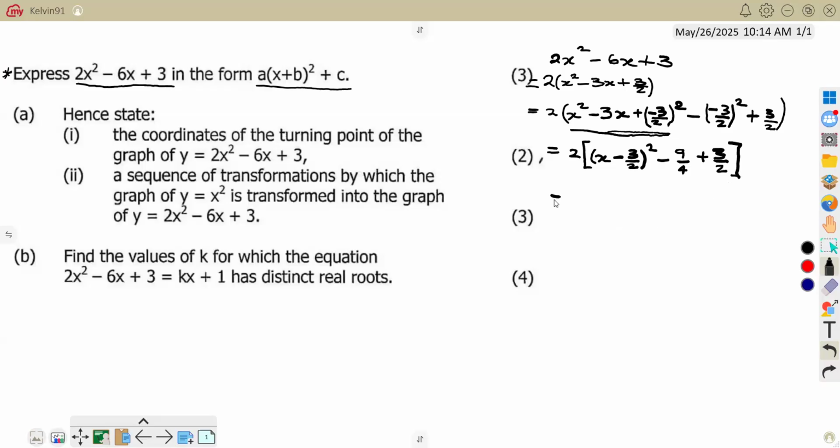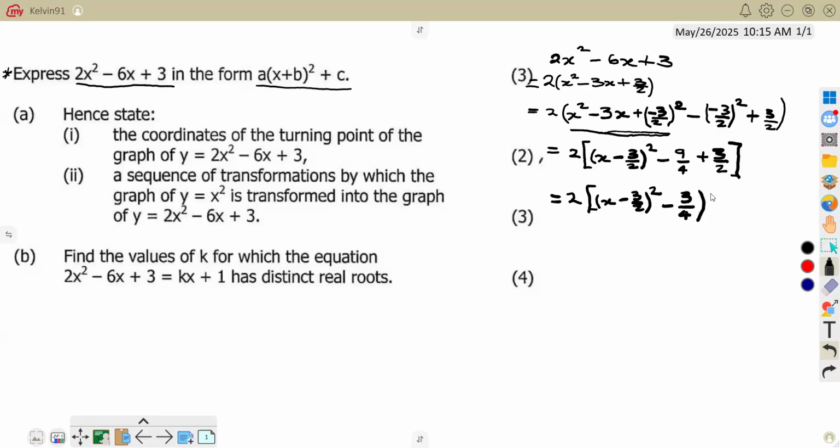Simplify that, it's going to be equal to 2, then bigger bracket. So we are going to have x minus 3 over 2 squared. When you simplify this, it's going to be minus 3 over 4. We are saying minus 9 over 4 plus 3 over 2.